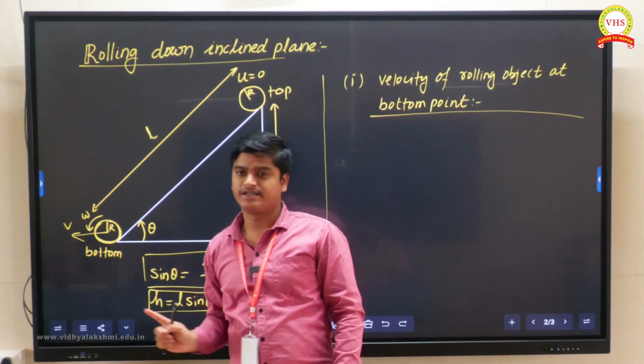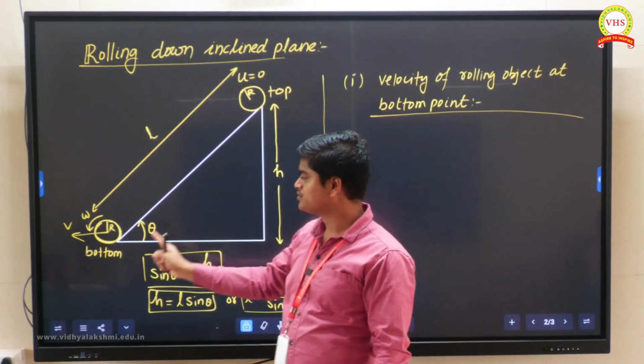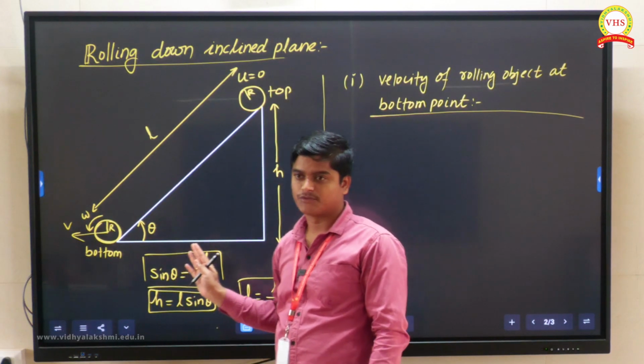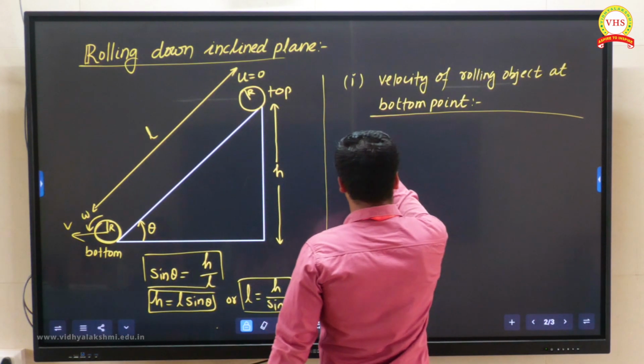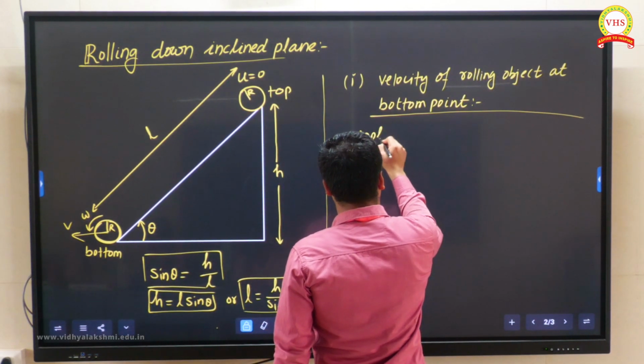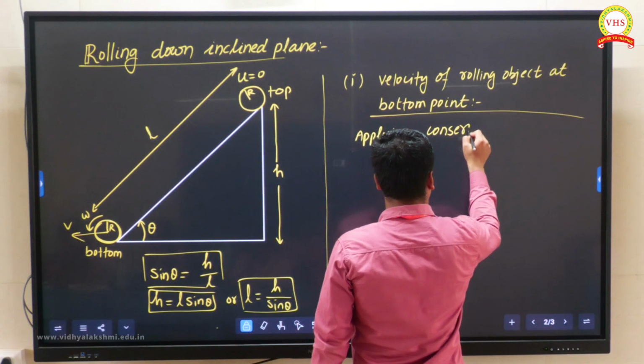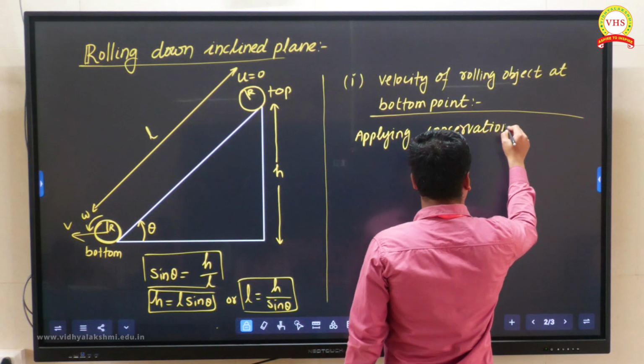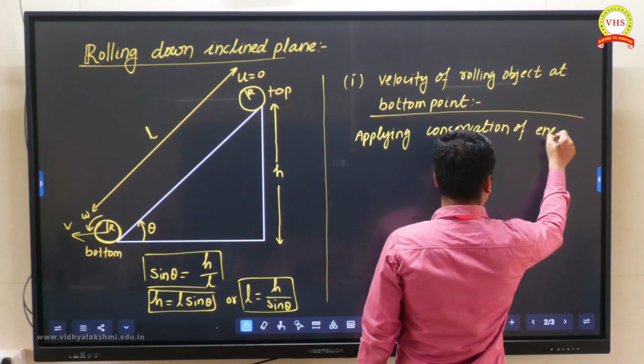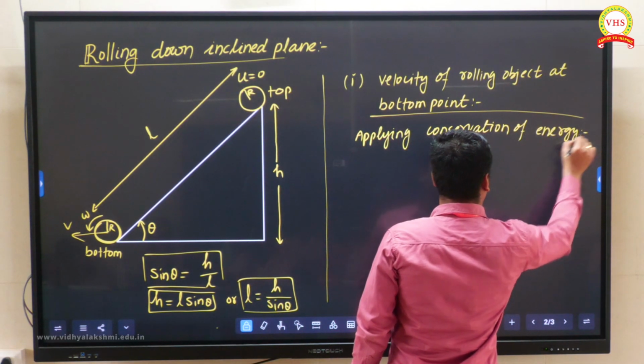Now to find this velocity, what do we need to use? You need to use the conservation of energy theorem. So applying conservation of energy, what can we get?